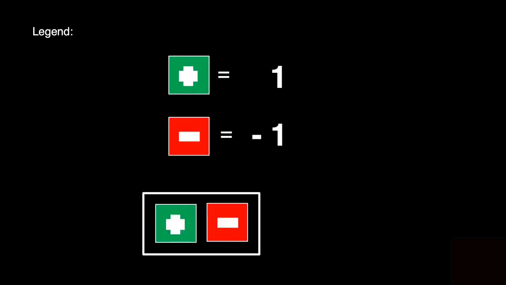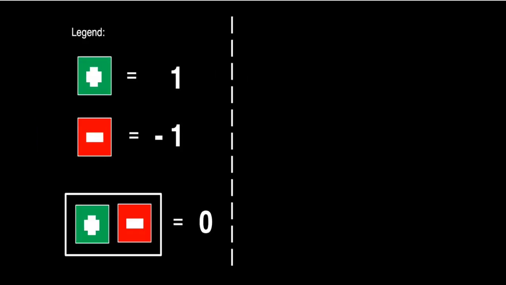Please take note, one green tile is equal to positive 1. One red tile is equal to negative 1. And a pair of one red and green represents our additive inverses or zero pair. In addition, adding a zero pair to an expression will not change its value.